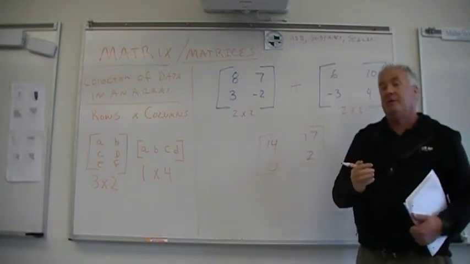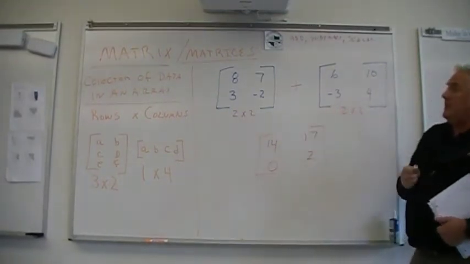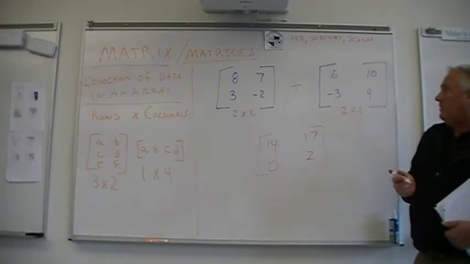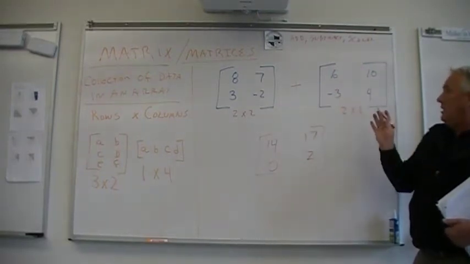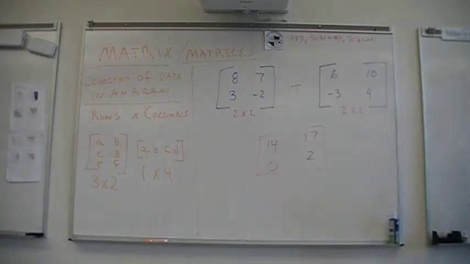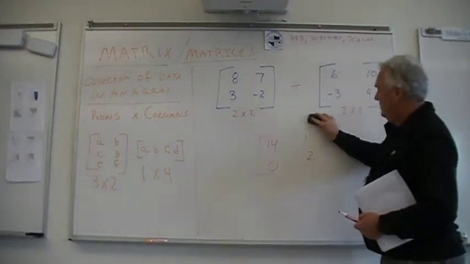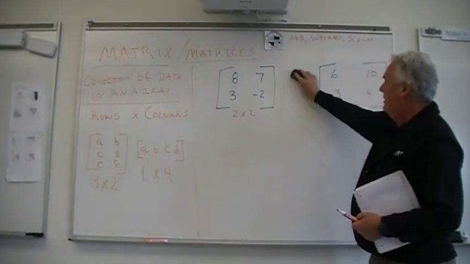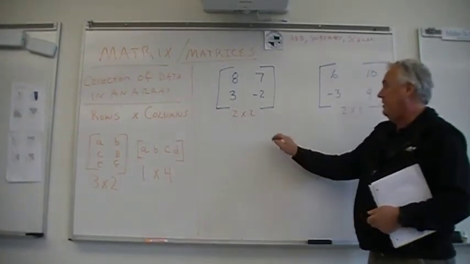And it's going to be a matrix that is the same size as the other ones. So that's pretty easy to handle, and you guys should be good on those. Subtraction is similar, except we subtract.